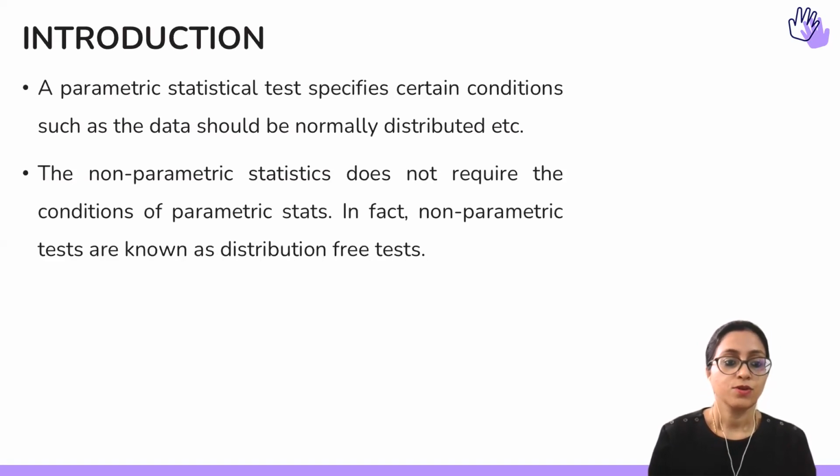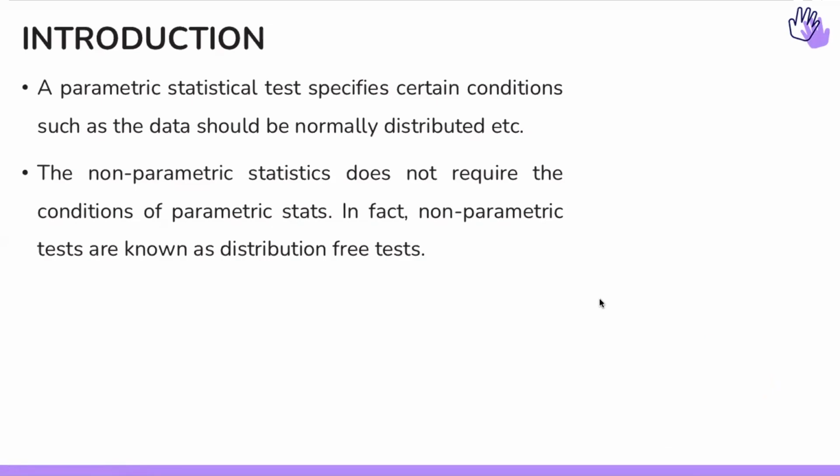Then we'll start with the introduction of parametric and non-parametric statistics. So now let us study the introduction. In this unit, we'll study various aspects of parametric and non-parametric statistics. What is a parametric statistical test?